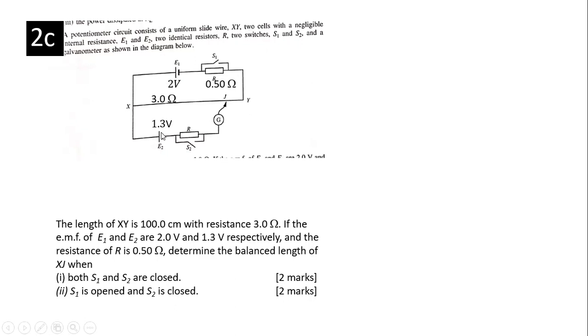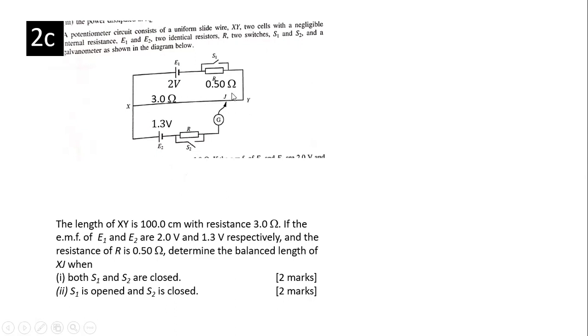Two identical resistors R, that's your R and that's your R there. And 2 switches, that's your S2, that's your S1. And a galvanometer, that's your galvanometer as shown.